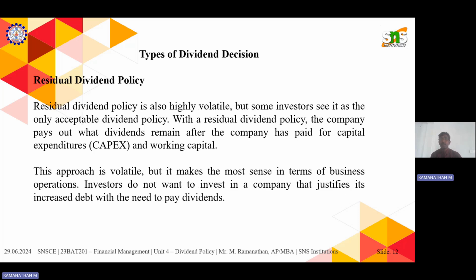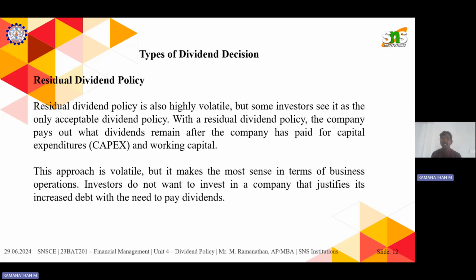Next is a type of dividend policy decision. The next type is residual dividend policy. Residual dividend policy is also highly volatile, though some investors see it as the only acceptable dividend policy. The company pays out whatever dividend remains after the company has paid for capital expenditure. This approach is volatile.